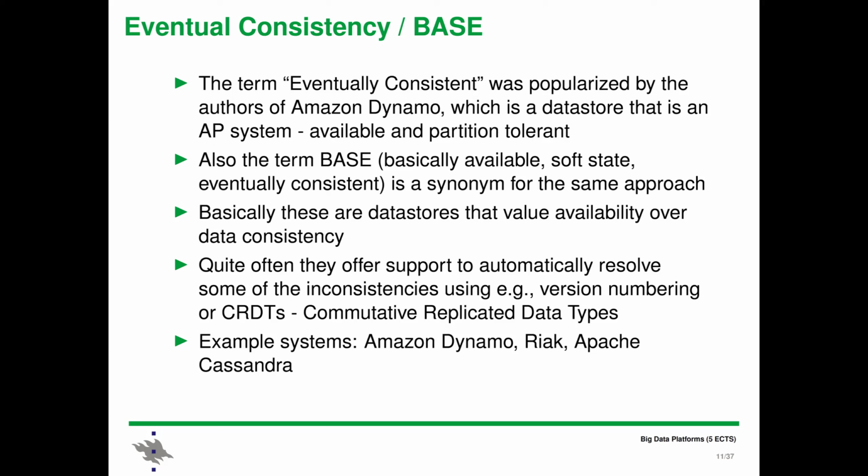And quite often, databases that have eventual consistency also support some automatic way to merge some of the inconsistencies. These techniques include things like version numbering, which might be, for example, always updating the version of a column in a database table each time it's updated.